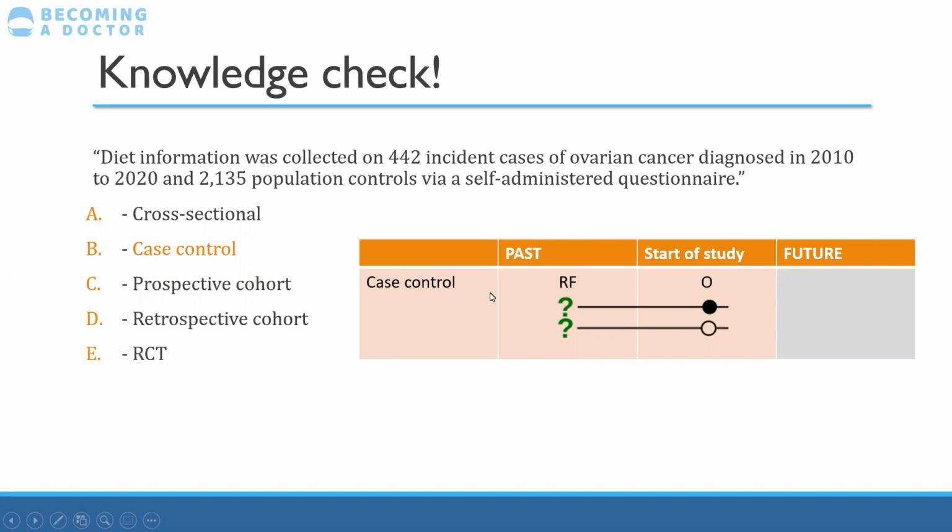So if it was 2000 to 2010, for example, but in this case, it's really up to present time. So it would be retrospective in terms of case control rather than a cohort study. I hope that makes sense.